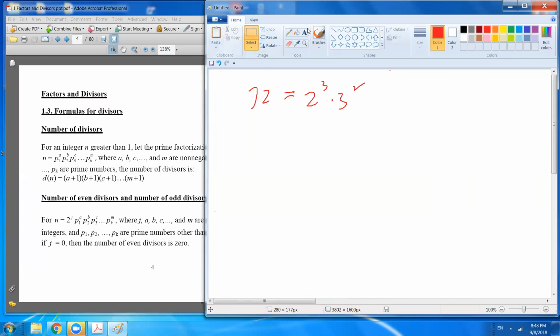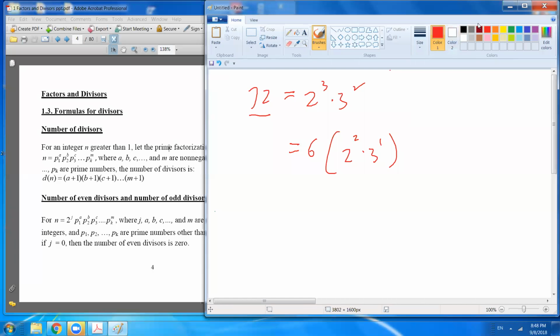How many factors of 72 are also multiples of 6? And what do we do? We take 6 out. Okay? We get 2 power 2 times 3 power 1, right?